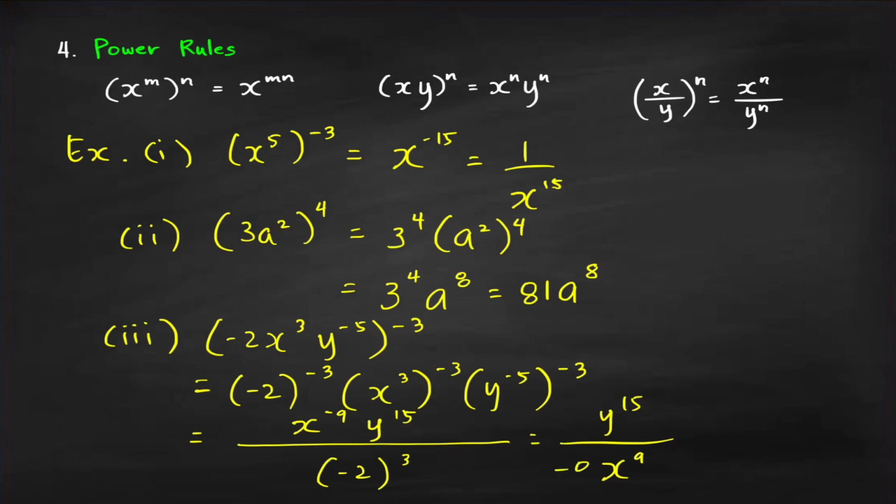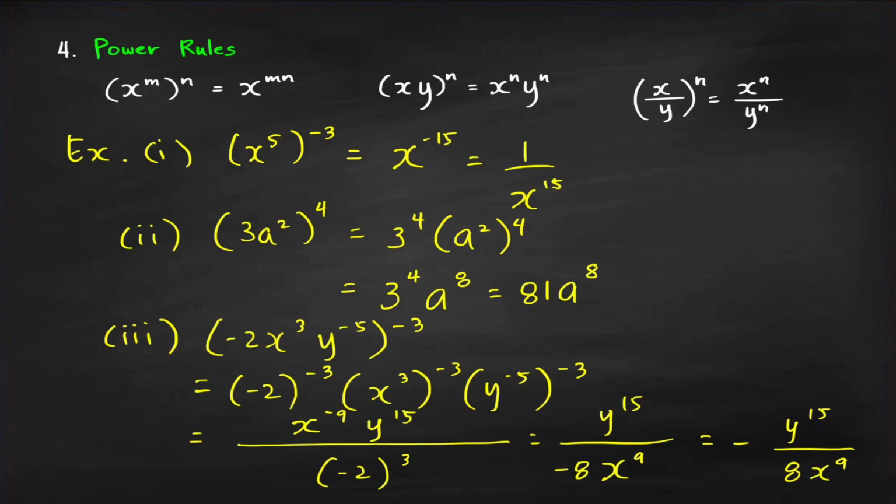So we have here negative 8. If you have a negative sign in the denominator, it is better to write it in front of the fraction. So this is equal to negative of y raised to 15 all over 8x to the 9.